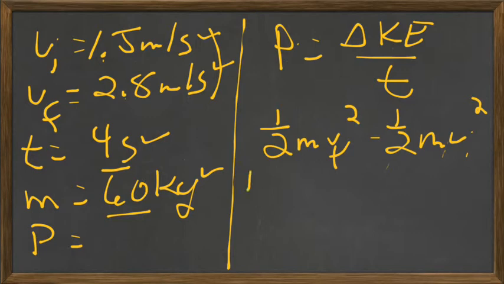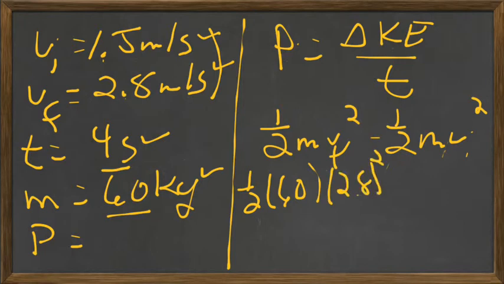I put my numbers in, 1/2, I've got 2.8, oh excuse me, I didn't write my mass down properly, that's a velocity. 60 kilograms, 2.8 squared, I know I'm leaving the units off, but it's to save space.